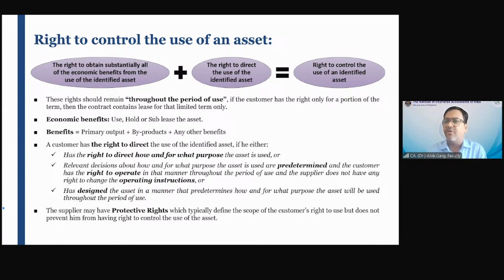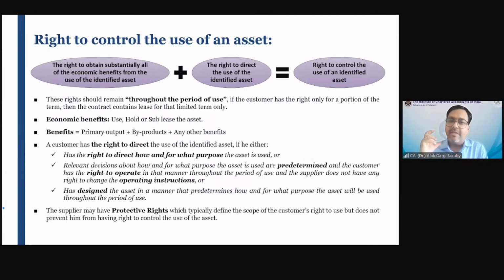The lessor is saying, please don't drink and don't play loud music in the night. So what are these? These are not operating instructions. These are protective instructions, right? The lessor wants to have safe custody. So it is a protective instruction.